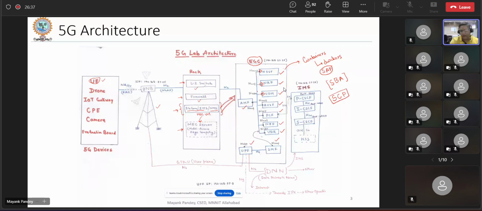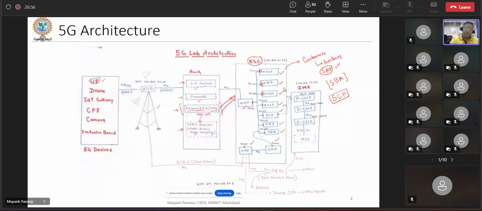So the AMF, the UPF, the SMF, and these different modules are implemented as Dockers, and these are all connected through service access points using service connection proxies.